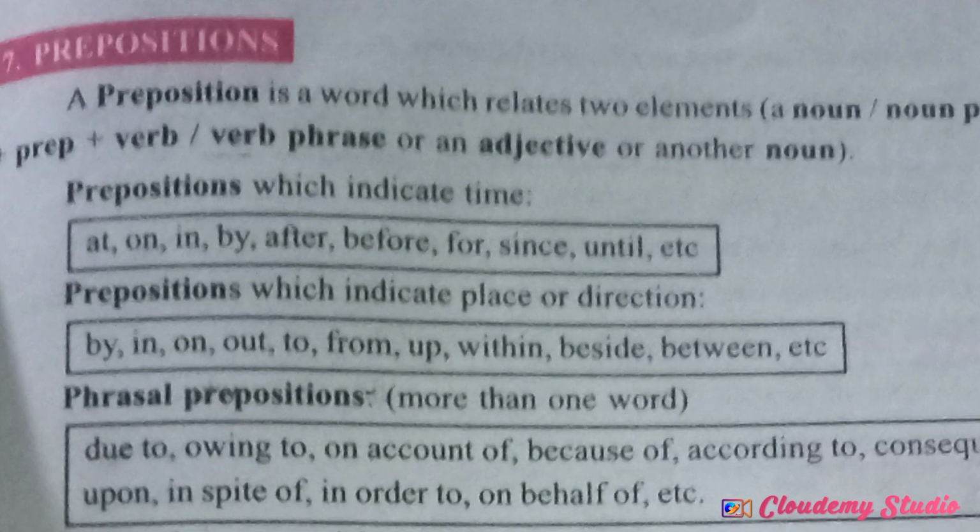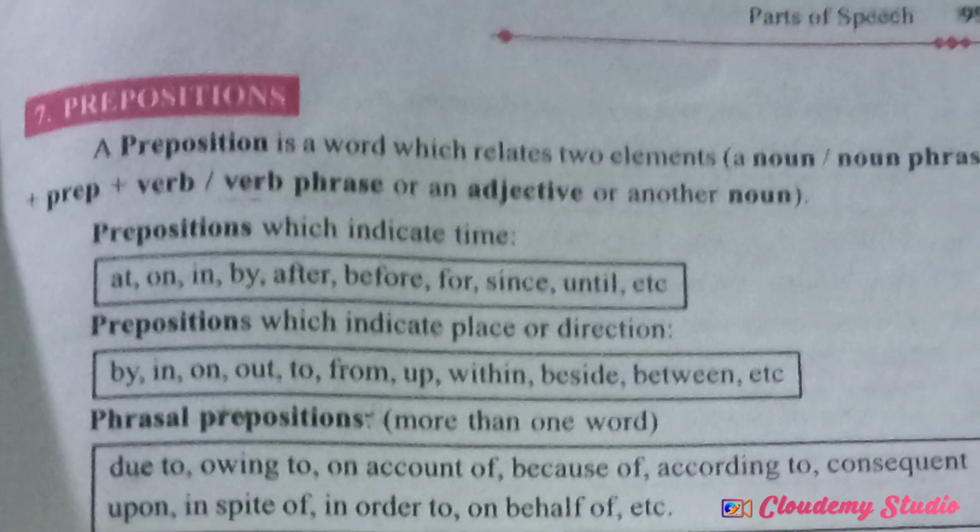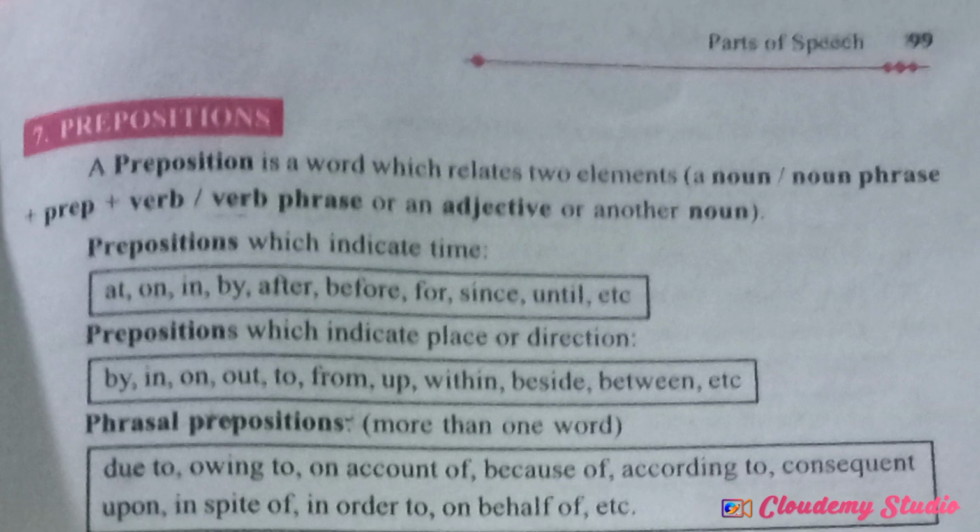Now let's do the part preposition. What is a preposition? A preposition is a word which relates two elements: a noun phrase, verb phrase, an adjective or another noun. So prepositions have different kinds: preposition of time, preposition of direction, and phrasal prepositions of more than one word.